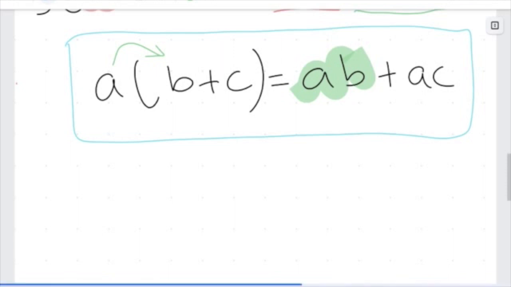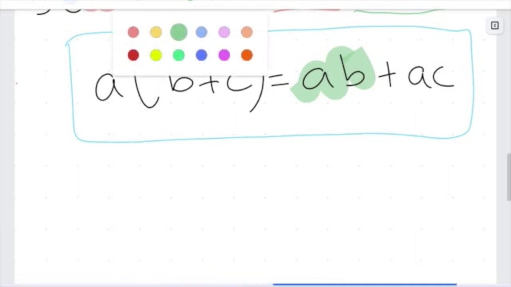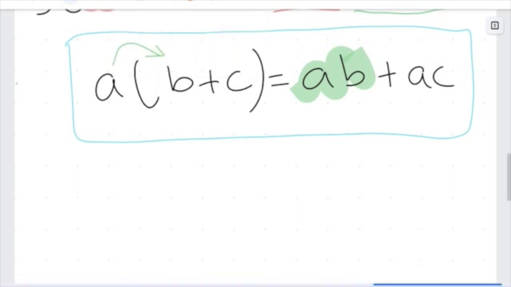The term outside the brackets, the term multiplying the brackets, is timesing each of the terms within the bracket. We can see that this happens from our two examples earlier, that the term outside multiplies by each of the terms inside.